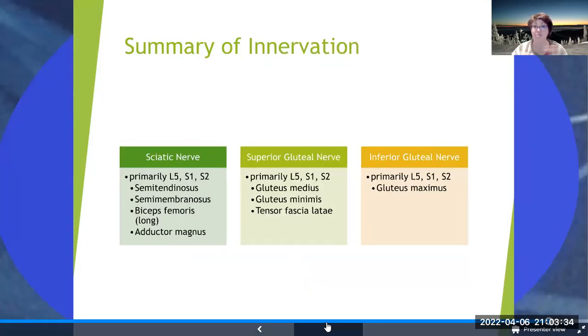Okay, this all makes sense, right? If you damage the superior gluteal nerve, it's going to affect hip abduction. And if you damage the inferior gluteal nerve, it's going to affect hip extension through affecting the gluteus maximus. So the hip innervation is great and simple, easy to remember, and hopefully that will all make sense to you.